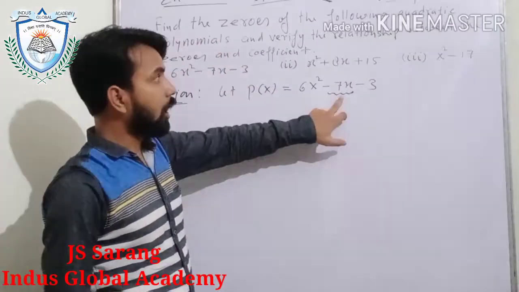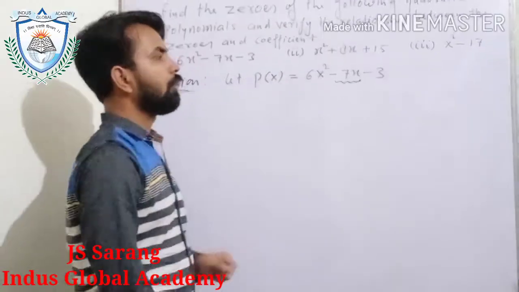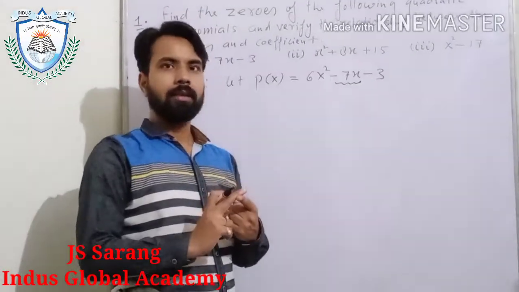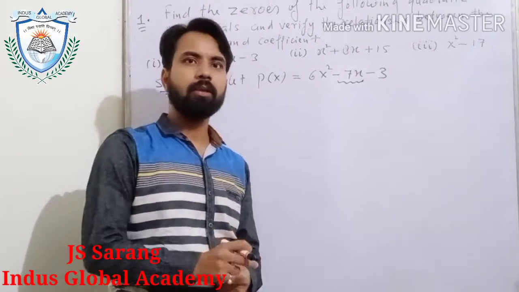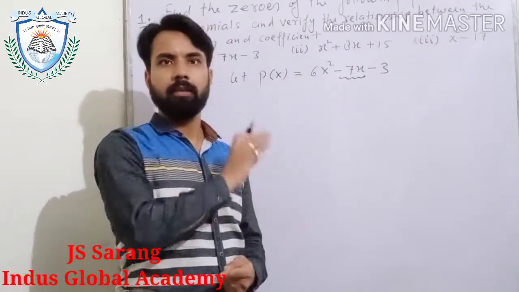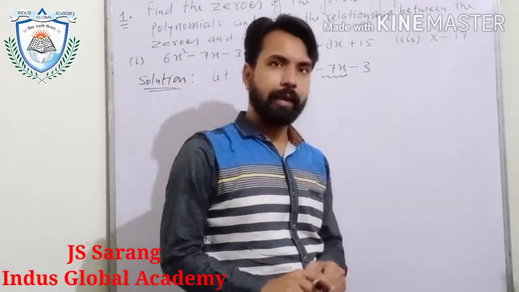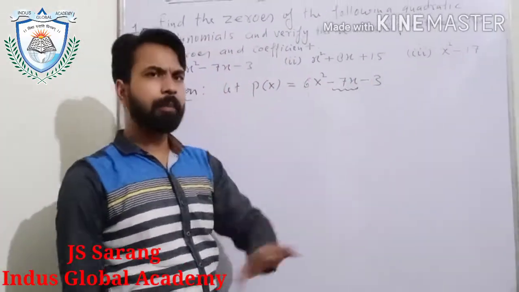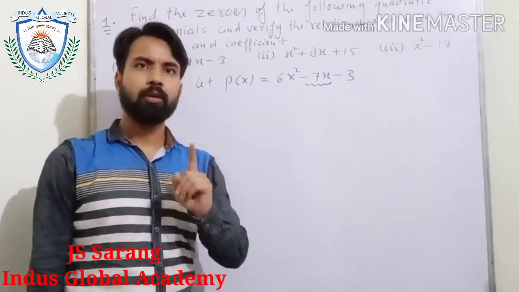But how can we split the middle term? The very first step is we will multiply the constant term by the coefficient of x square. Please note this point.